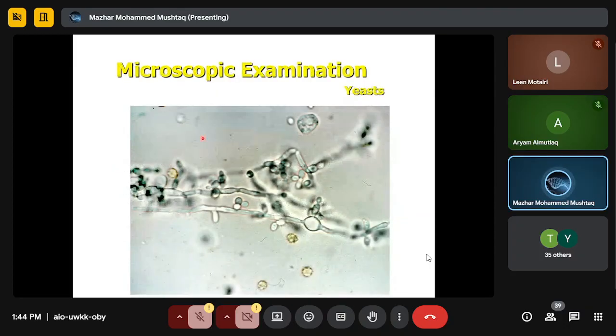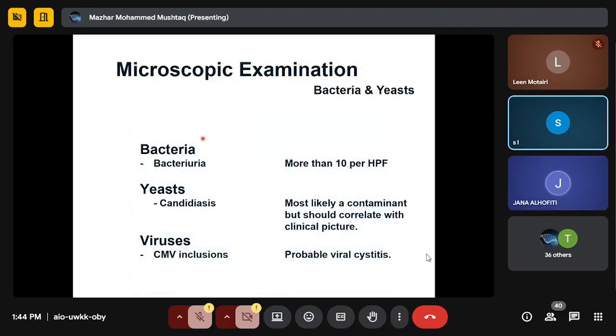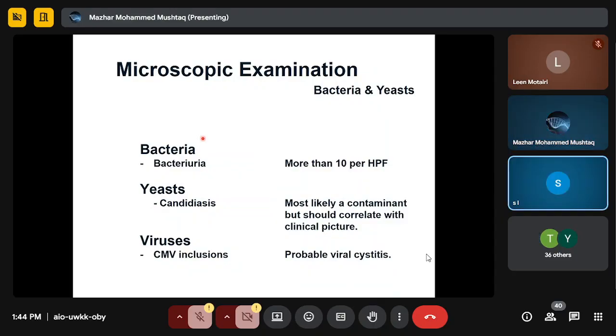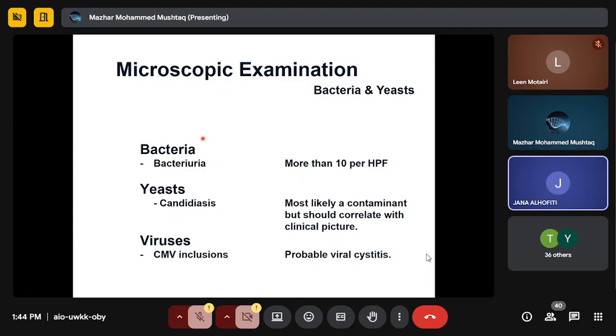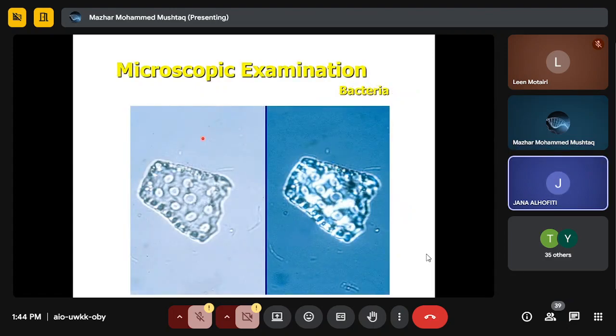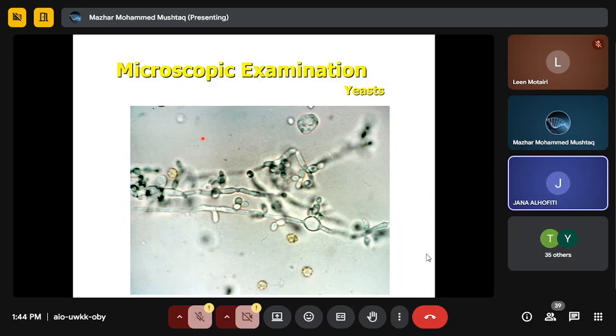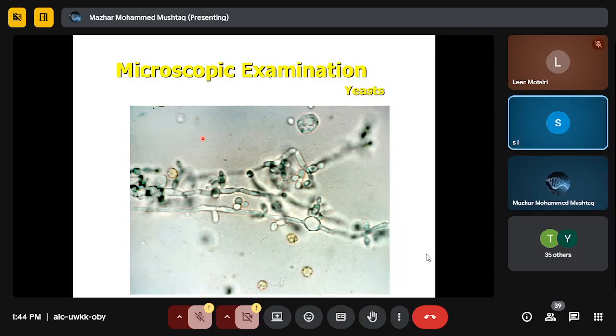So any question till here? These are the microscopic examination in general. What is the example for yeast?